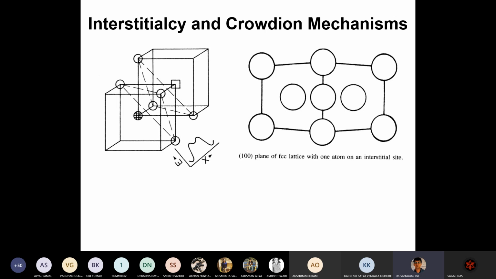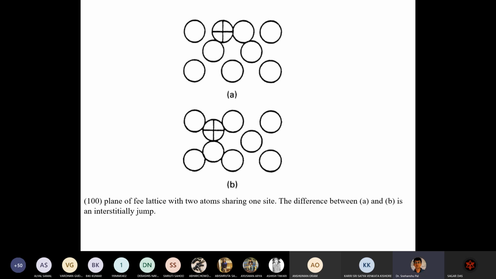It has been seen, for example in copper and probably for all FCC metals, that the accommodation of the extra atom in such a manner, as shown in the figure, leads to still another interstitial configuration, and that is called the crowdion. It has an extra atom placed in the close-packed direction.